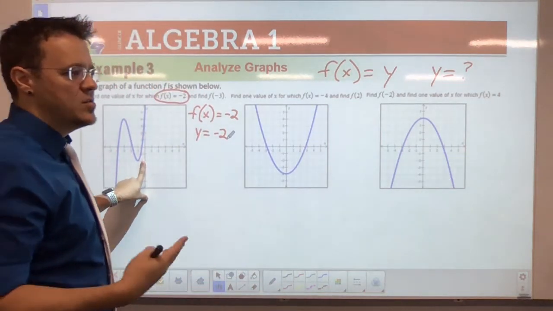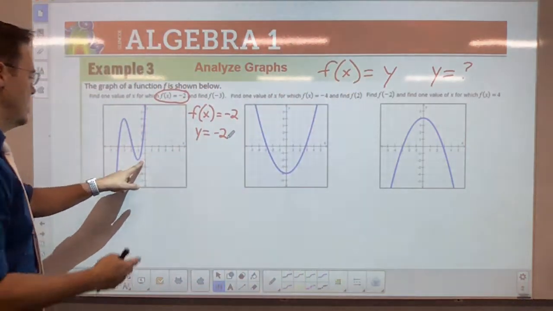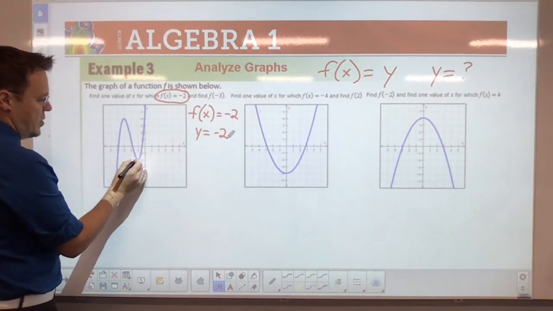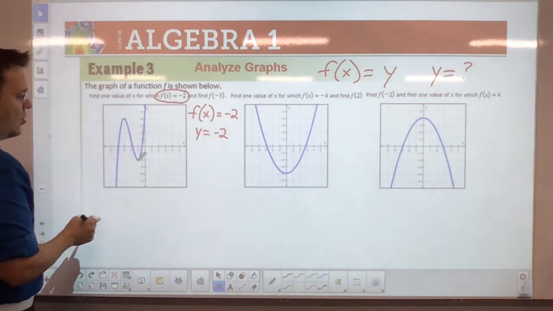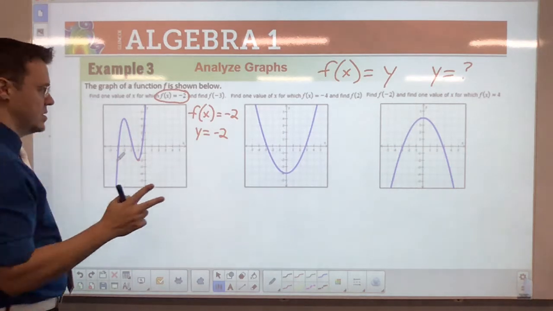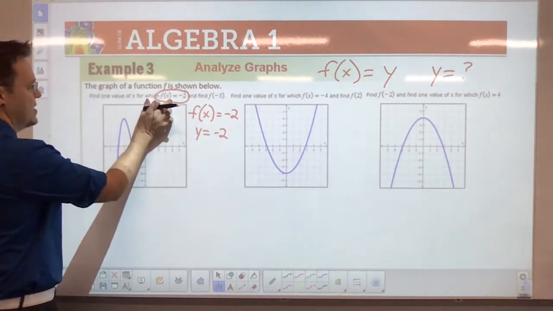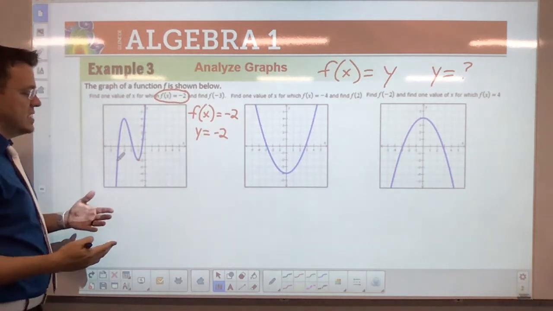Okay, so as we go through this process, I want you guys to make sure that you understand y is at -2. So it's at this point right here. We have 2 points. It can be this one right here, or it could be this one right here. Okay, we have 2 points on this one. So know that if I were to say find one value for the x, I only need to find one. Which one's the easiest to find?